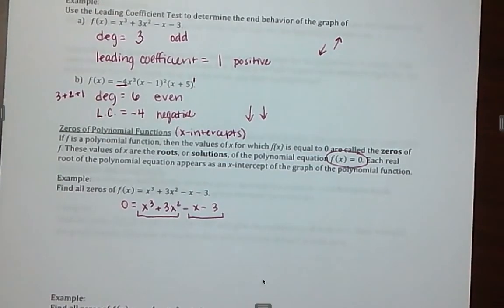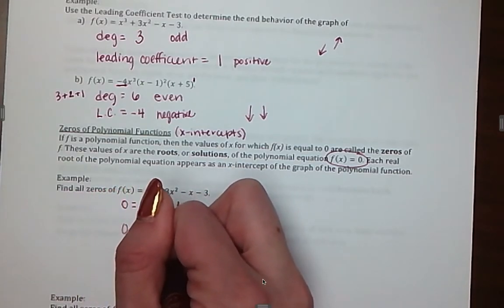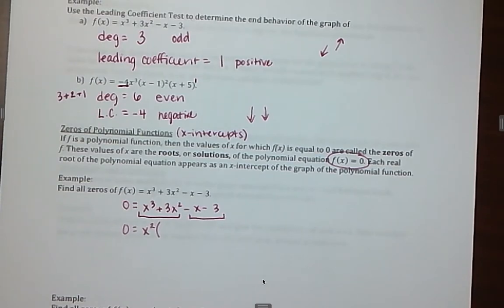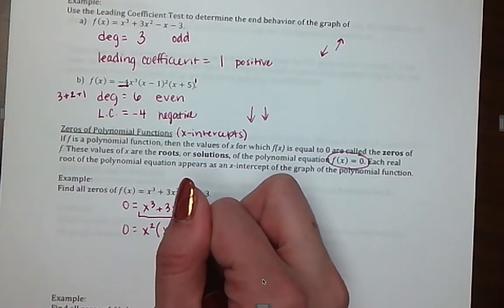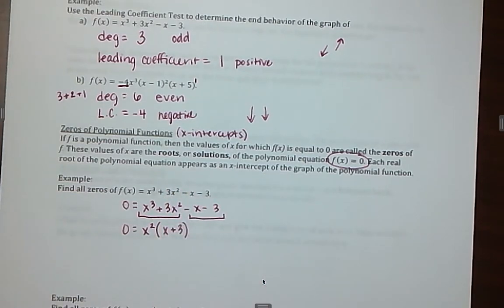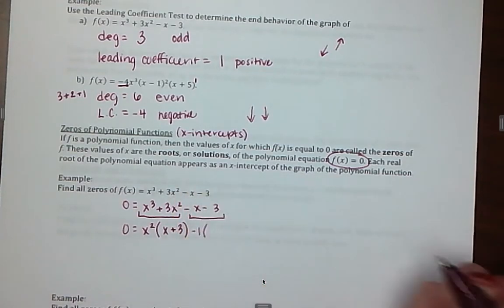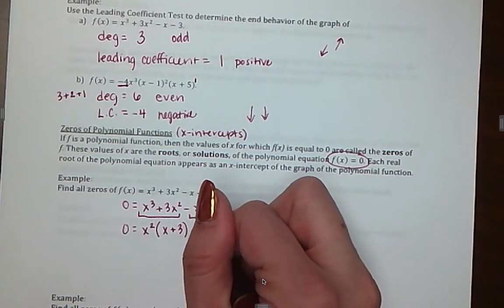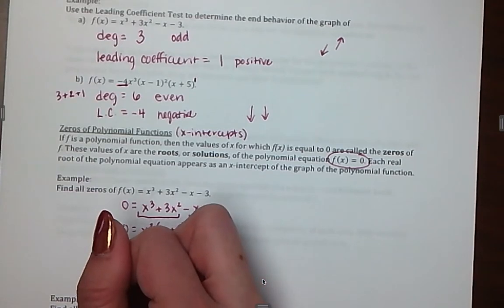So x cubed plus 3x squared, what's their greatest common factor? x squared. x cubed divided by x squared. x plus 3. Then negative x minus 3, what's the GCF? Negative 1. And what are you left with? x plus 3. Our parentheses match, so we can move on.